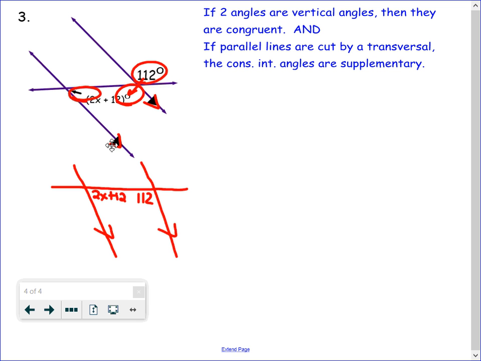So that's where we ended. Because we ended with the word supplementary, that tells me I'm going to add these two together. So 2x plus 12 plus 112 equals 180.